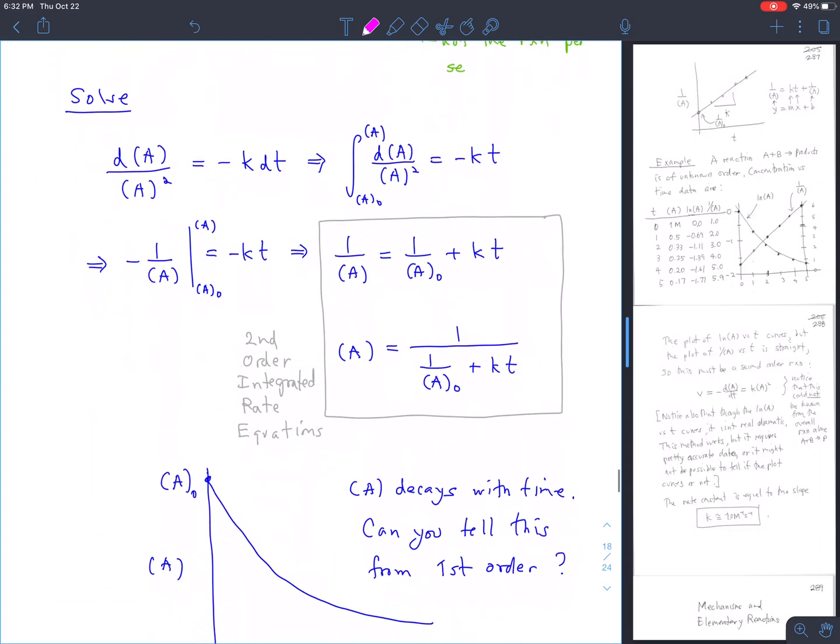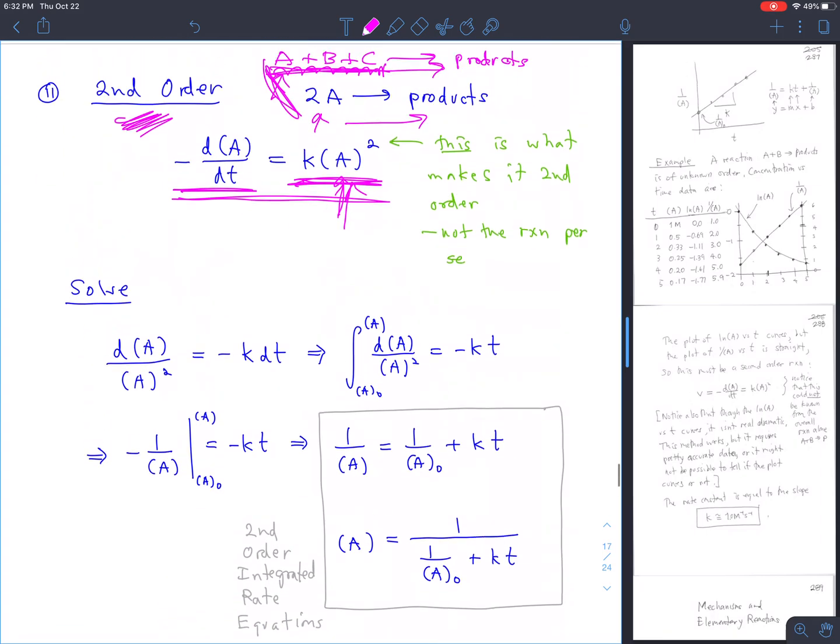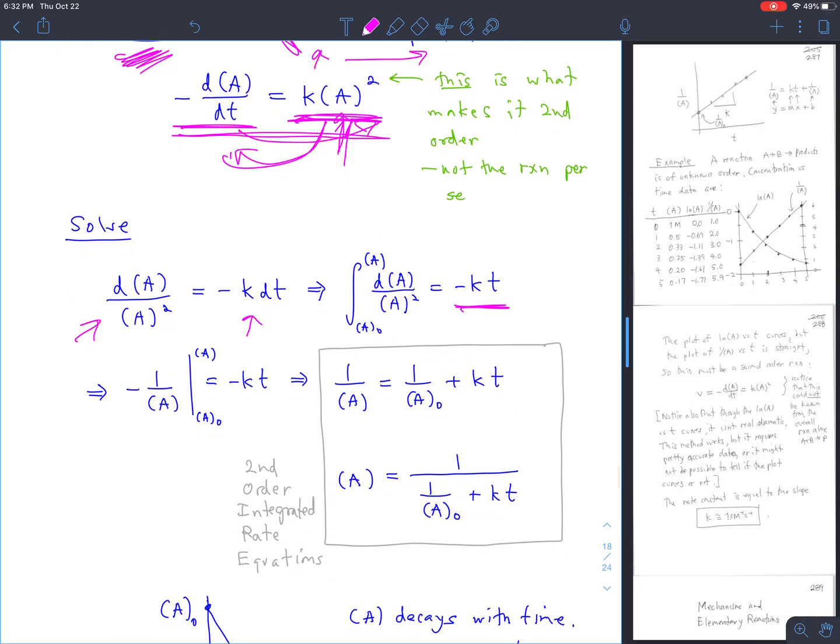All right, so again, we solve our differential equation. We divide this side through by A squared, and we multiply through by dt. So we get dA over A squared is equal to minus k dt. Integrate both sides, minus kt on that side. The integral of dx over x squared is equal to minus 1 over x.